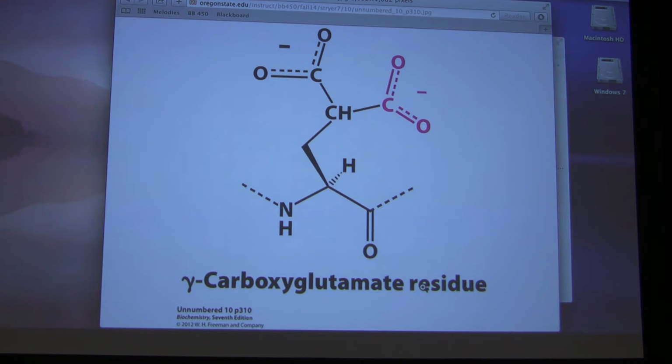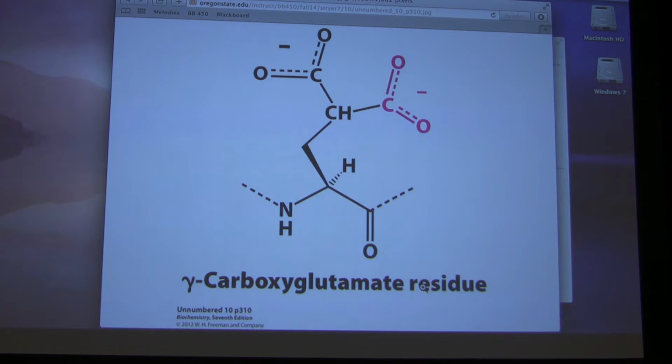Okay? Now, this reaction that I just described to you is stimulated by vitamin K. Vitamin K is necessary for the carboxylation of the side chains of glutamic acid residues on prothrombin.